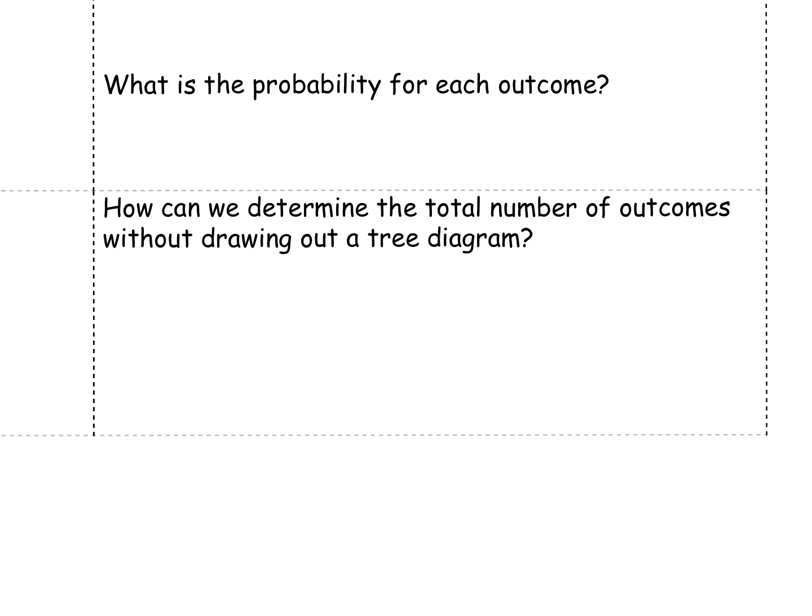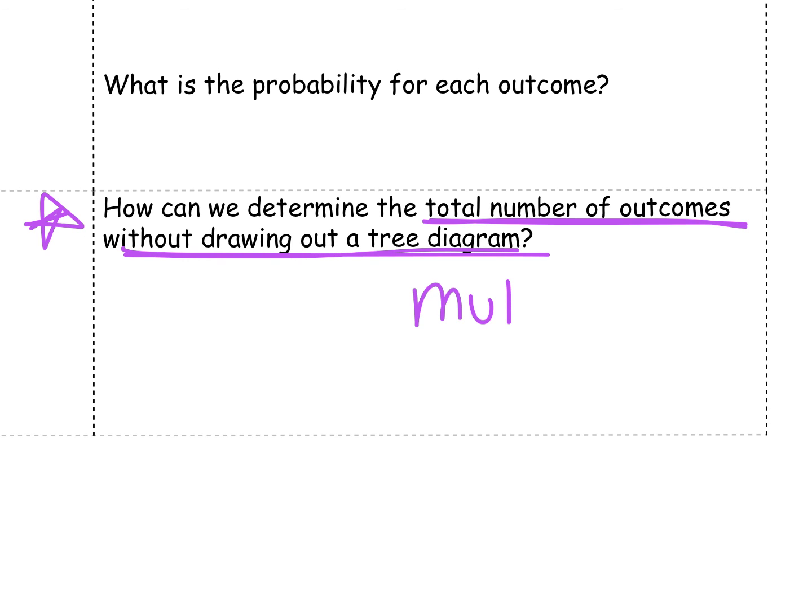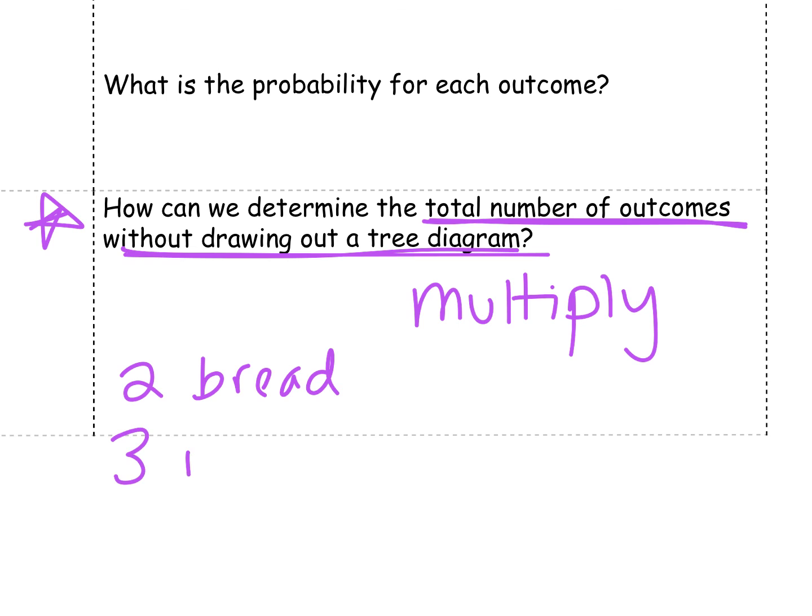And then lastly, it says, how can we determine the total number of outcomes without drawing that diagram? Well, we know we can multiply all of those possibilities together. So I like to use a sandwich. If I want to make a sandwich, I have 2 types of bread, 3 types of meat, and 4 different cheeses to pick from.